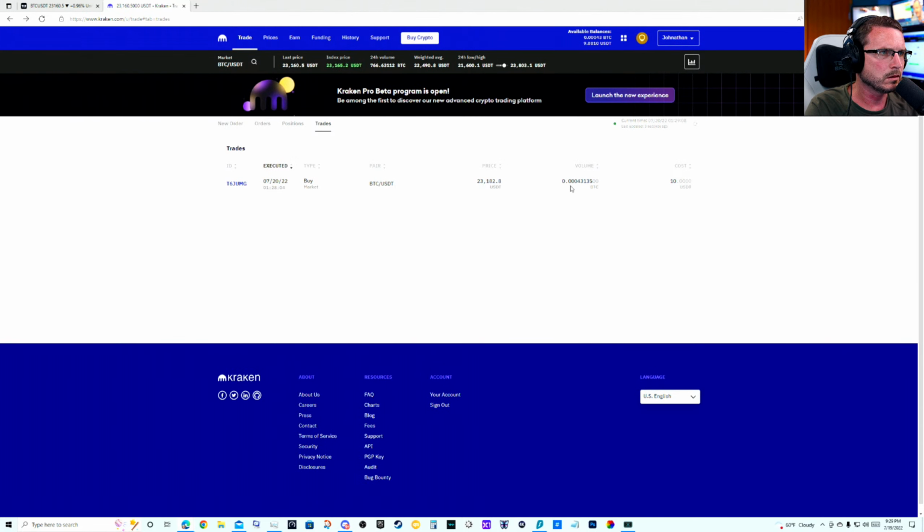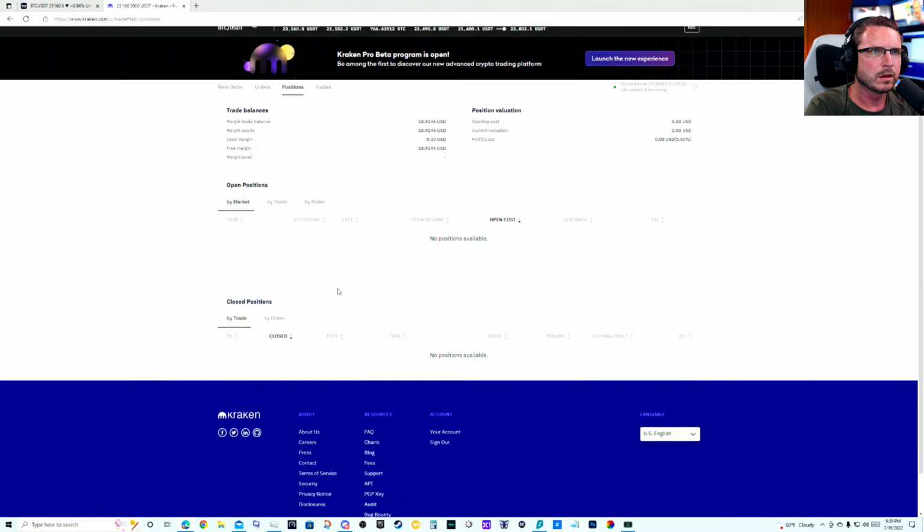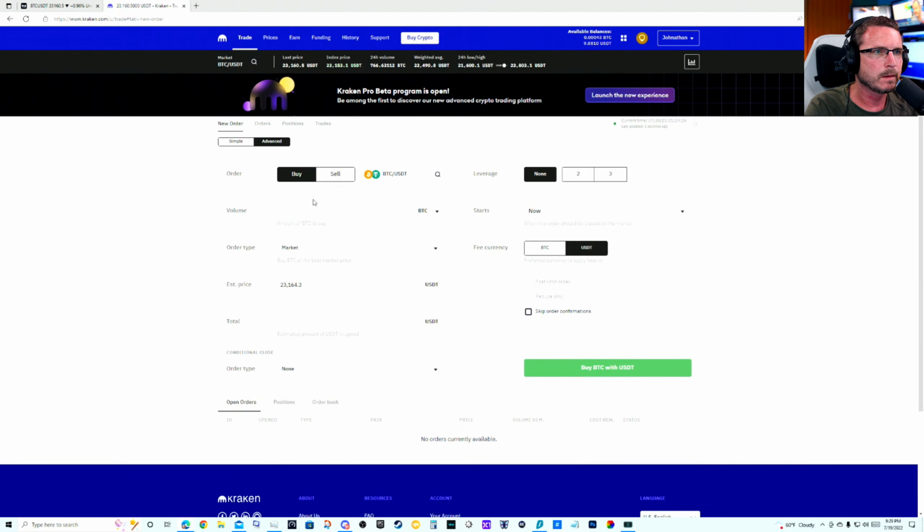Bitcoin US dollar Tether. Positions. And I've got to figure out how to close it. Let's see. Kraken is a lot different.